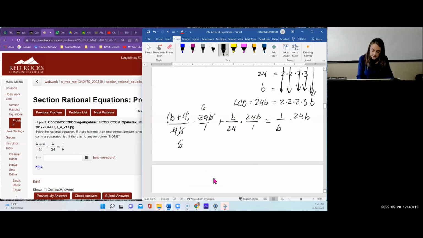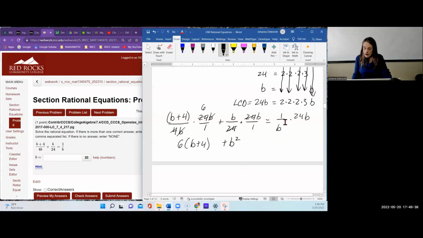That leaves me 6 times the quantity b plus 4. Notice that I reversed the order by commuting it. In the second term, I have 24b in the numerator times b over 24. I reduce first by canceling the 24, and then I multiplied the b by b to get b squared.